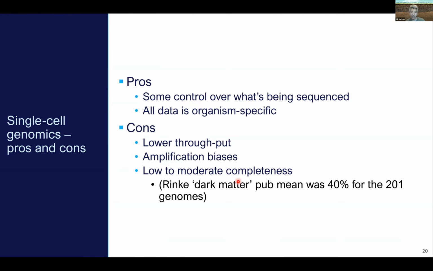The Rinke dark matter publication, which I got this image from the previous slide from, had 201 genomes, and the mean completeness value for those genomes was only 40%. They did have some that were 80–90% complete, but also some that were a lot less complete. So the main drawback is that you get low completeness from that technique.